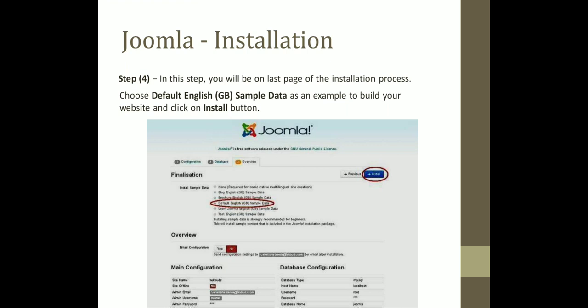Then in the first step, you will be on the last page of the installation process and choose default English (GB) sample data as an example to build your website, and click on the install button.